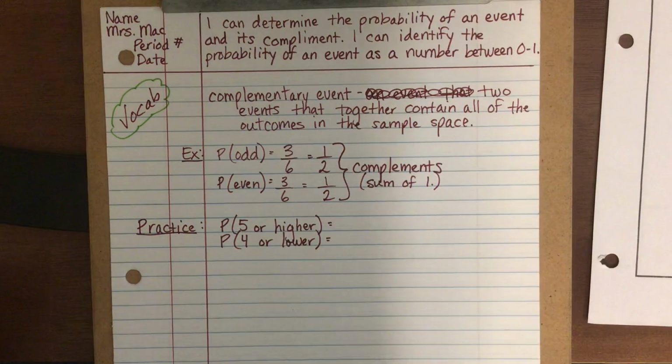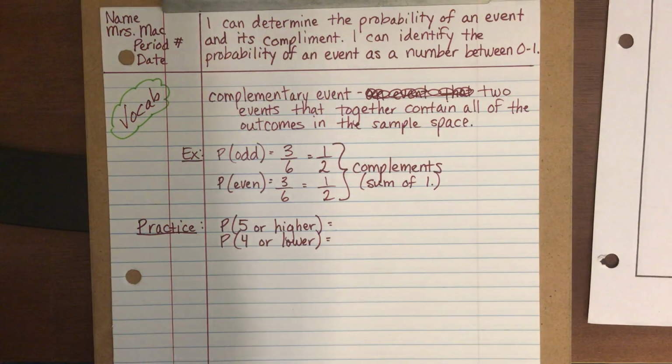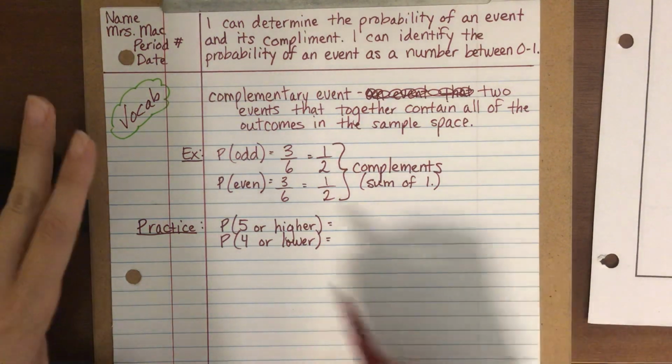Okay, go ahead and pause it, write the probabilities in there, make sure you simplify your fractions, and because these are complementary events, it should add to 1. All right, let's see how you did.